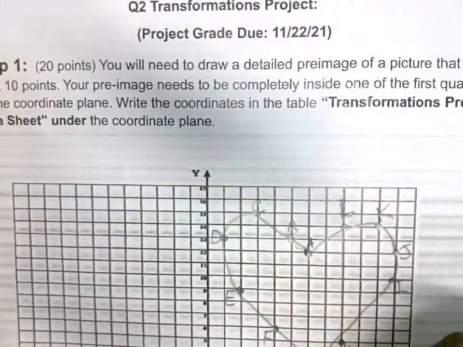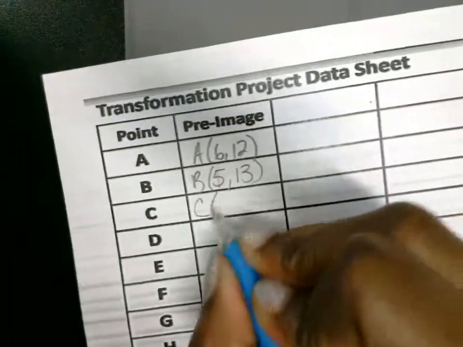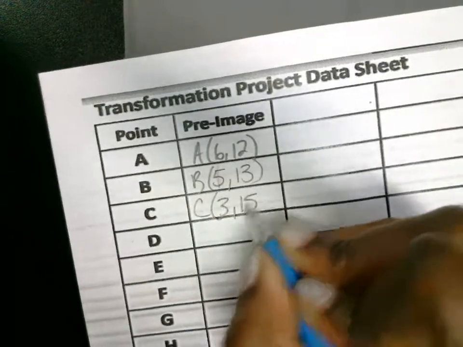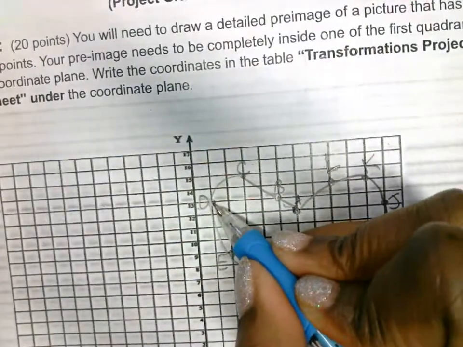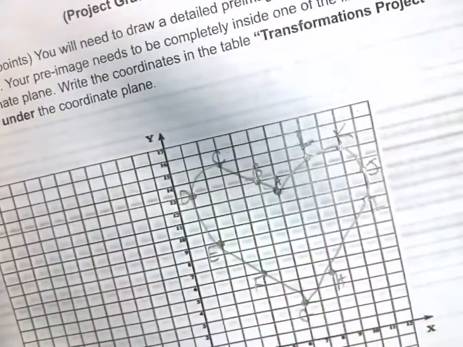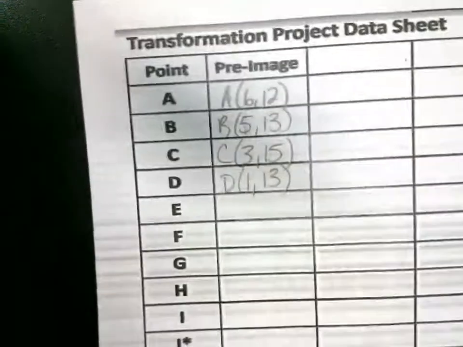I went over 3 and up to 15. So 3, comma 15 is C. D, I went over 1 and up to 13. So D is 1, comma 13.